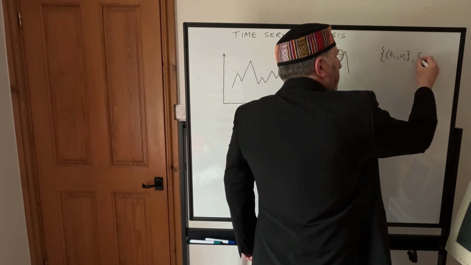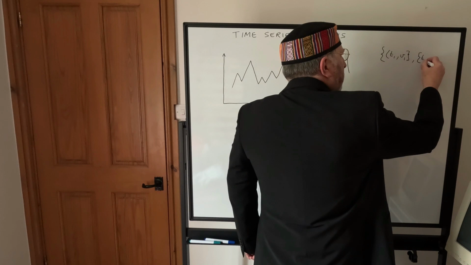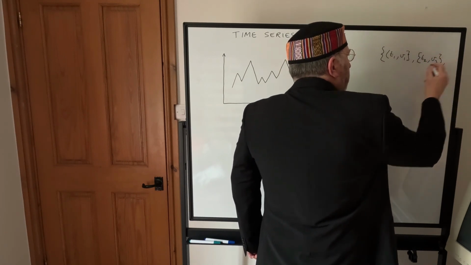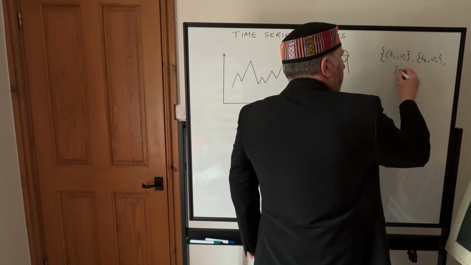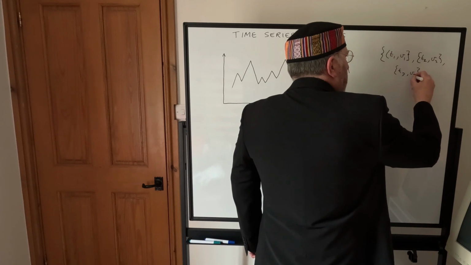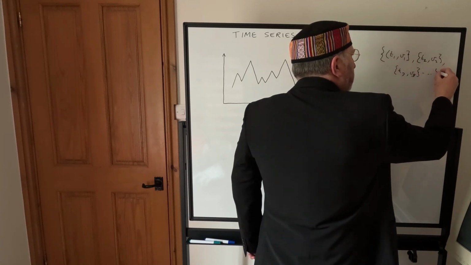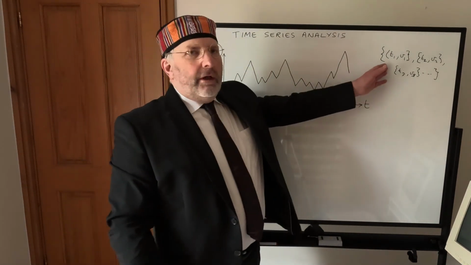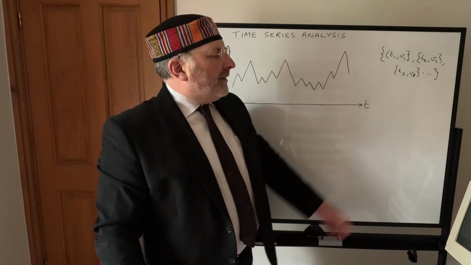So we've got these points, time t2, value 2, t3, v3, and so on. So this will be a set of numbers in an Excel spreadsheet or something like that.